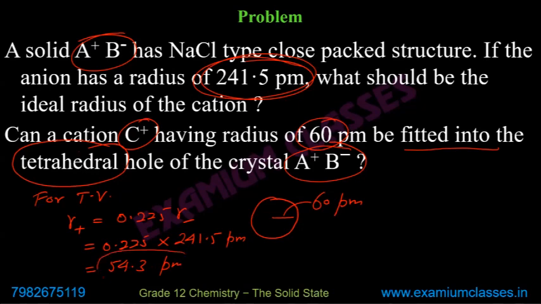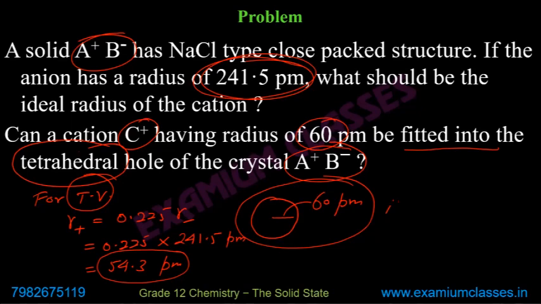Now, this is the maximum radius of cation which can be there in tetrahedral void, but C plus has a radius of 60 picometer. So it cannot fit in 54.3 picometer space. Is that clear now?